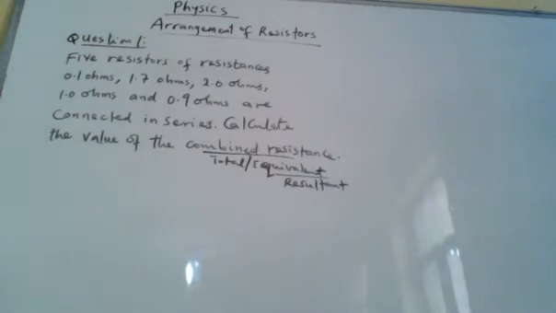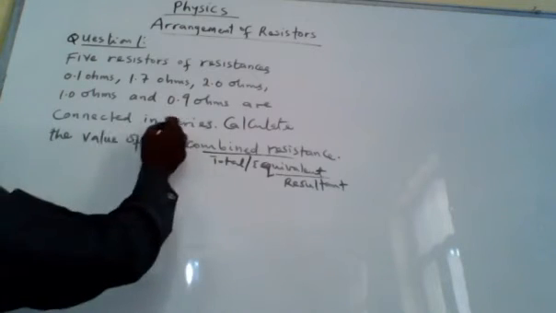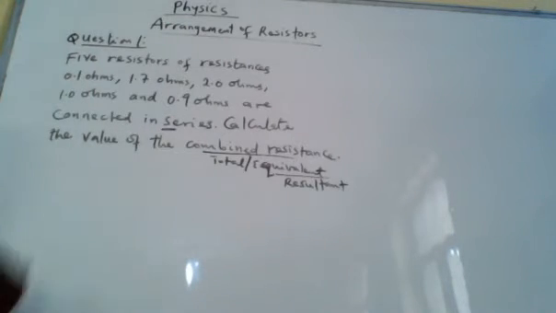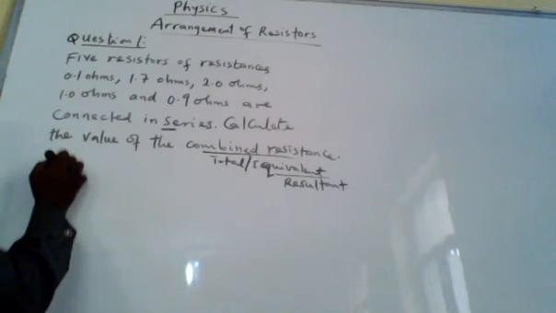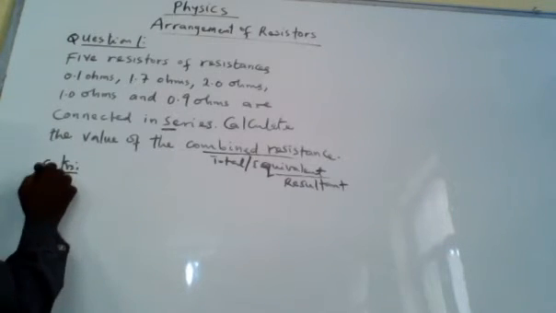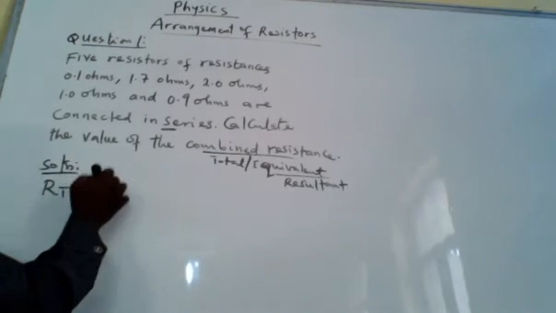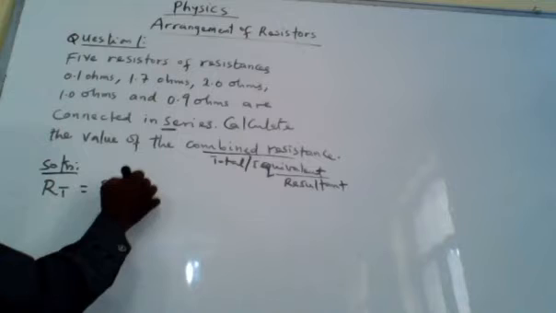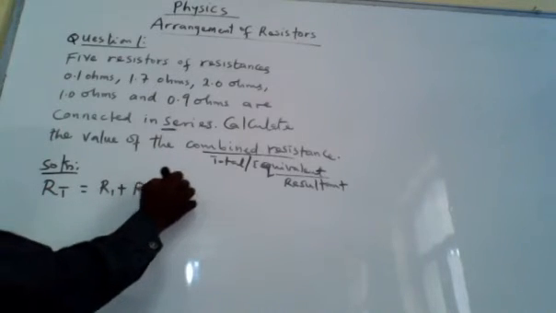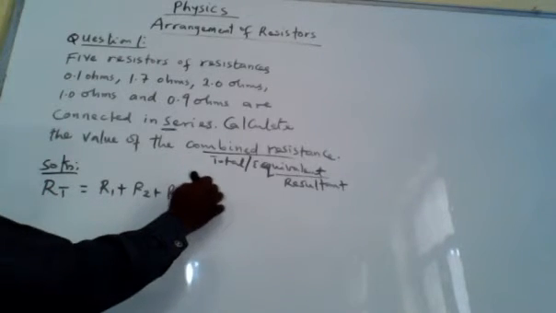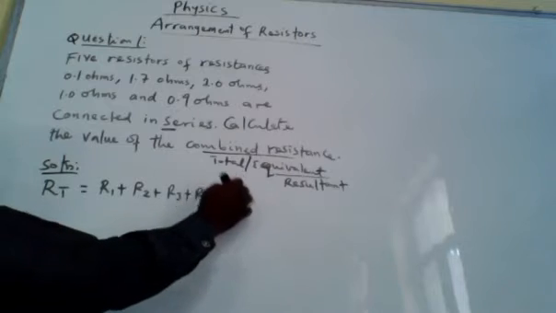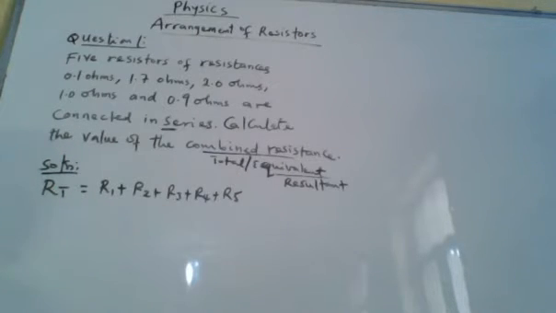Okay, so we have been told that this is a series connection. So for a series connection, R total, R combined will be R1 plus R2 plus R3 plus R4 plus R5. I'm having 5 resistors there.